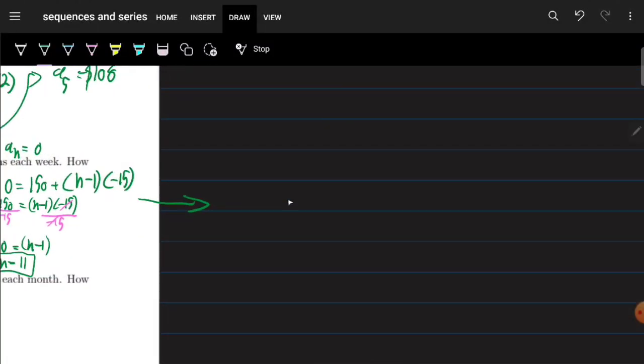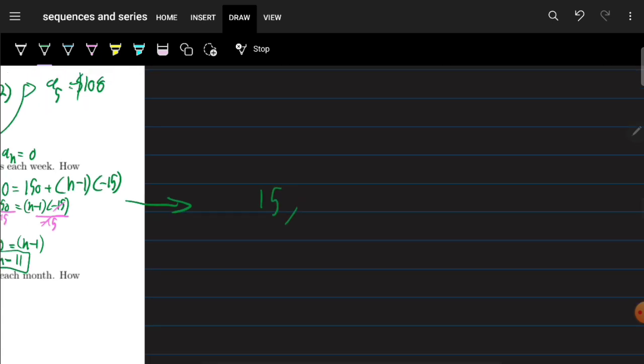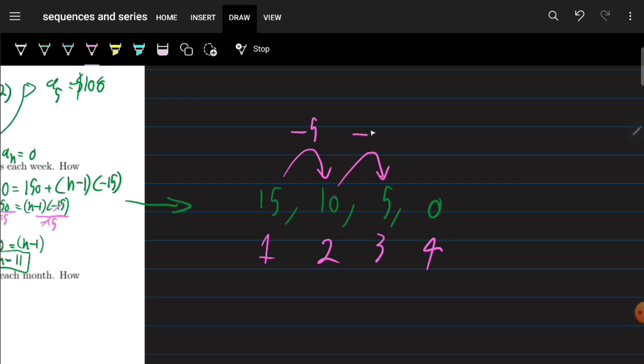So let's say we start with 15 and we go down by 5s until we reach 0. So 10, 5, 0. So this is the first term, second term, third term, fourth term, right? But we subtract 5 here, we subtract 5 here, we subtract 5 here.